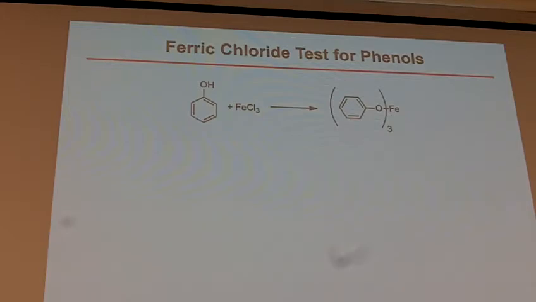What other tests could you do on a phenol to figure out if the OH functional group was there? Ferric ammonium nitrate, right? The CAN test. The reason we do this test first, though, is because if you do the CAN test first, that just tells you you have an OH present, and it doesn't tell you if it's a phenol or an alcohol, okay?